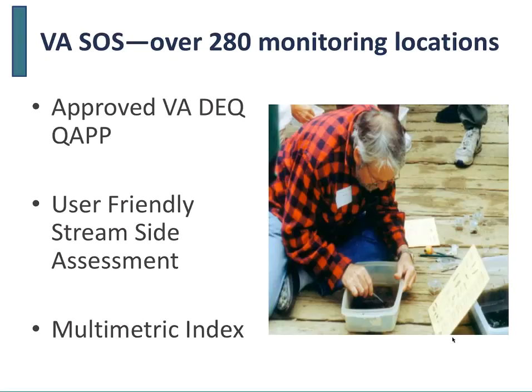And it has, for a while now, an approved quality assurance plan from Virginia DEQ. There are over 280 monitoring locations, and their data gets passed to Virginia DEQ on an annual basis, so that we are sharing our data with our state agency with the goal that they too can begin closing their data gaps and getting a more holistic picture of what's going on in the watershed.